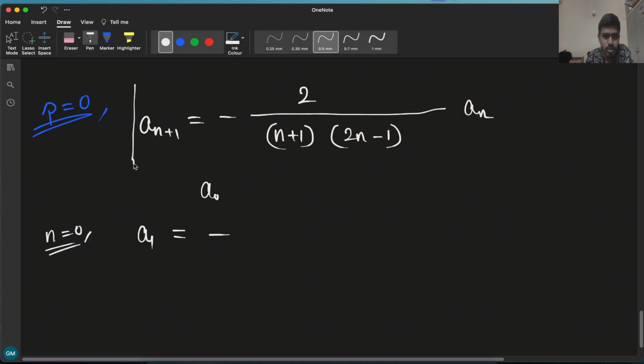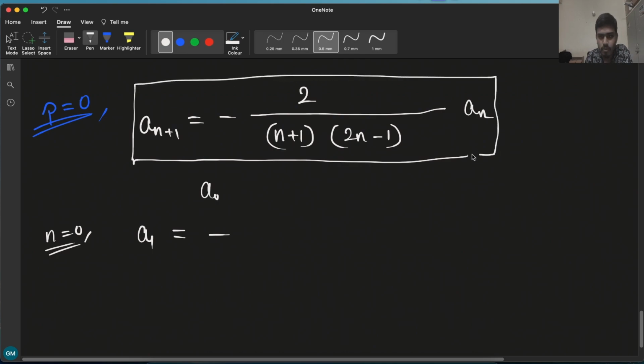This is the recurrence relation for s equals to 0, right? So I am starting from a0 and putting n equals to 0. So it will be a1 equals to minus 2 divided by, so it is 1 times minus 1 times a0, right? N equals to 0 I put, so it is basically twice a0.